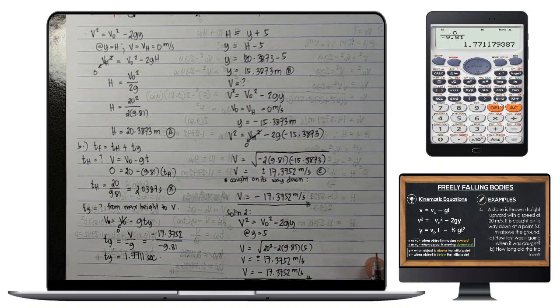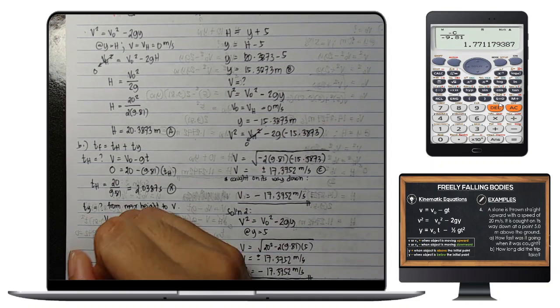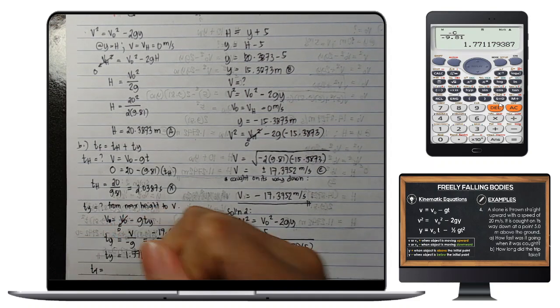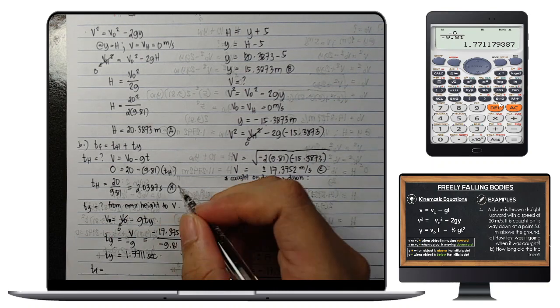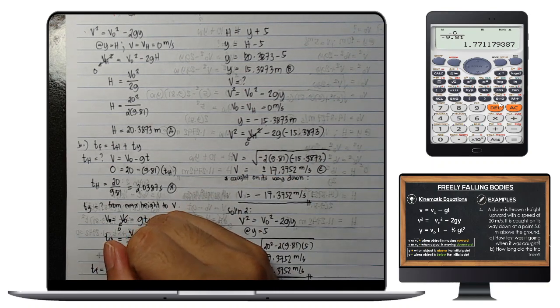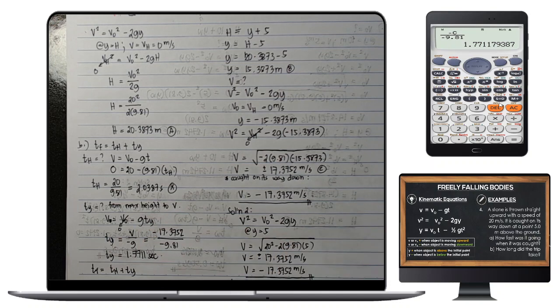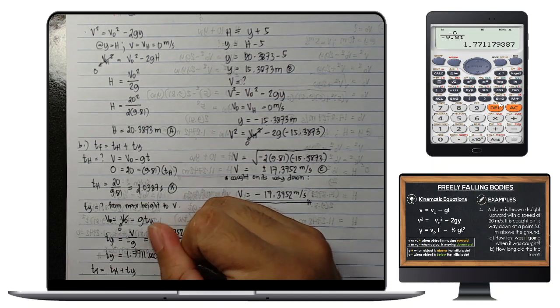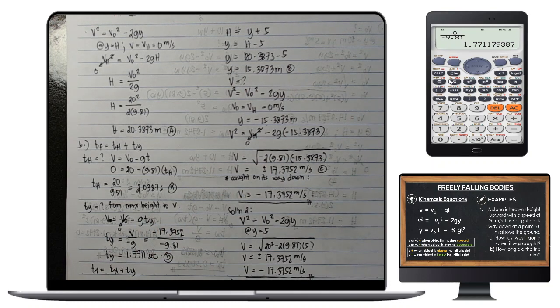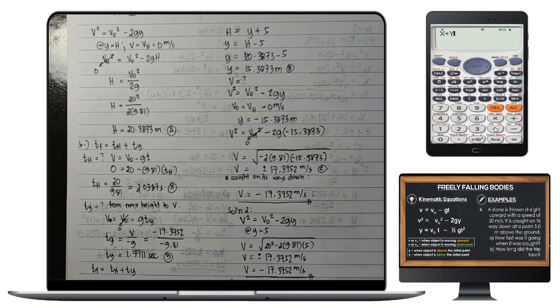So with that, we can find the value of time of flight. Di ba, time of flight natin, sabi natin kanina is T sub h plus T sub y. So, ilagay lang natin to sa y, shift store y. Then, yung ating T sub h is equal to time of flight is T sub h plus T sub y.